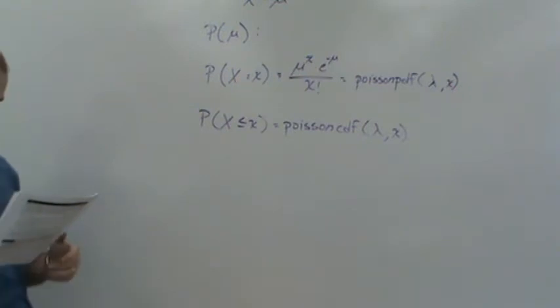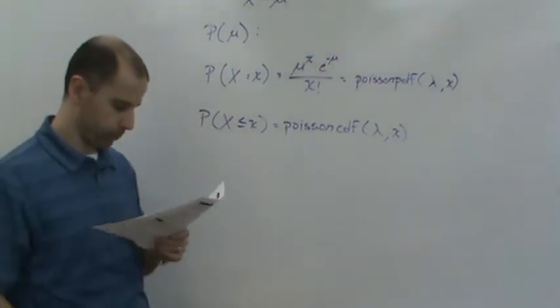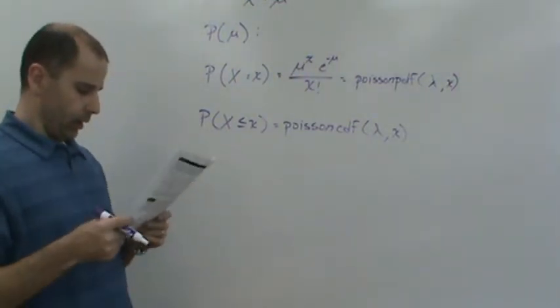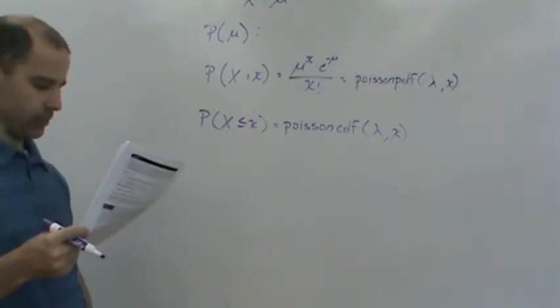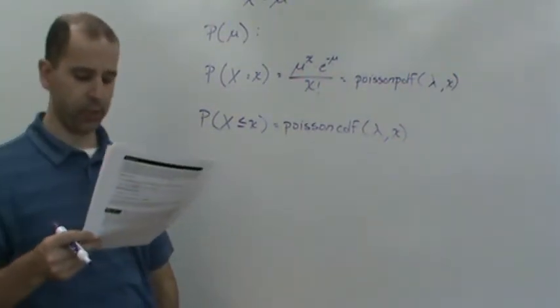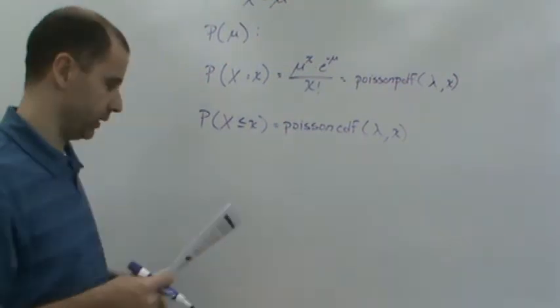So now, let's calculate this. So, let's say a bank expects to receive 6 bad checks per day on average. Okay?